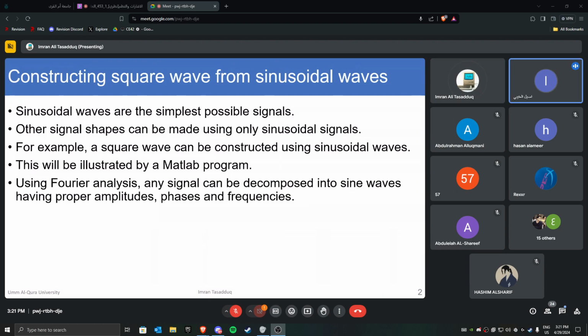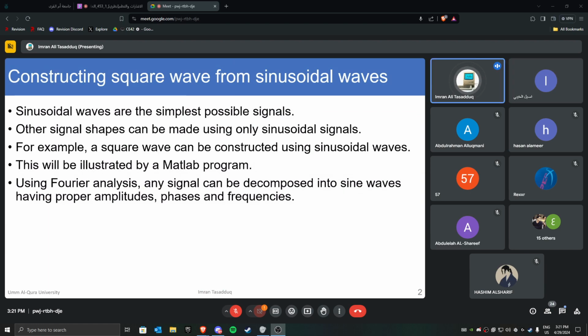Yeah, go ahead. Why in the first line did they say sinusoidal is the simplest possible signal? Yeah, because by simplest we mean that you cannot break it into further signals. Any other signal, if you want to make it, you will have to add several sine waves. But the sinusoidal wave is the fundamental signal. We cannot break it into sine and cosine.